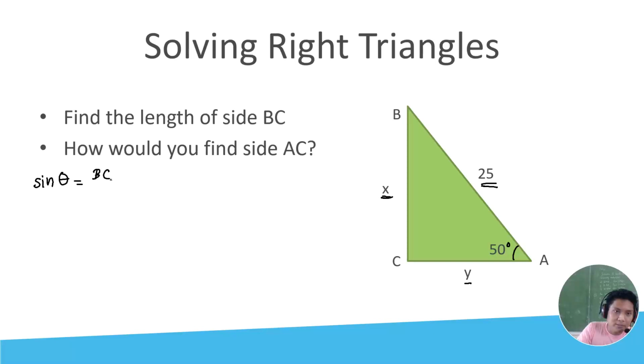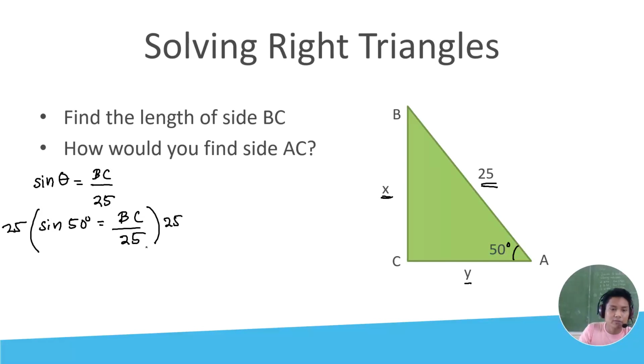So side BC divided by the hypotenuse, which is 25. Theta is given, therefore sine of 50 degrees is equal to BC over 25. Then determine BC by multiplying both sides by 25 to eliminate the denominator 25 on the right hand side of the equation. So 25 sine 50 degrees, that's the solution for side BC.